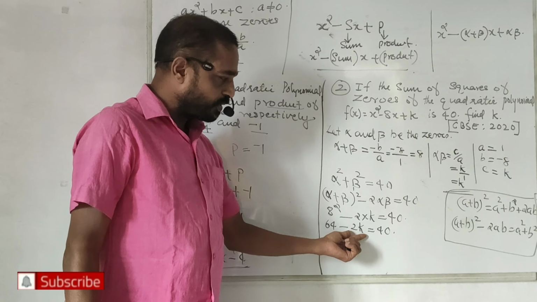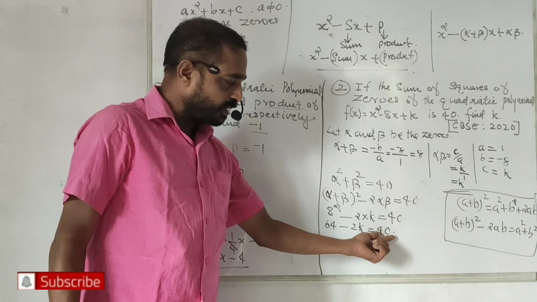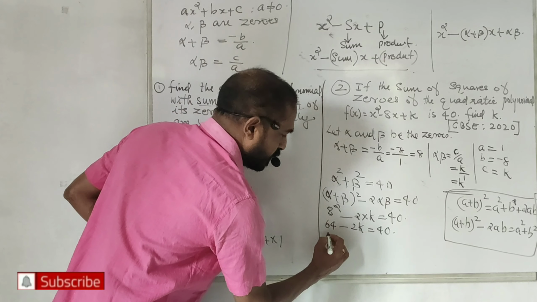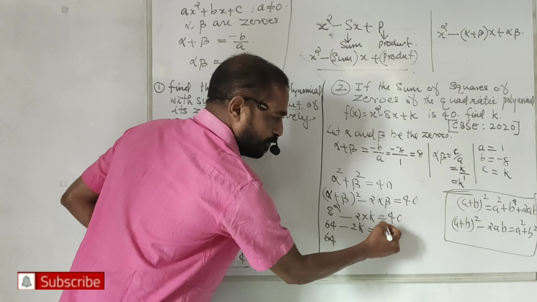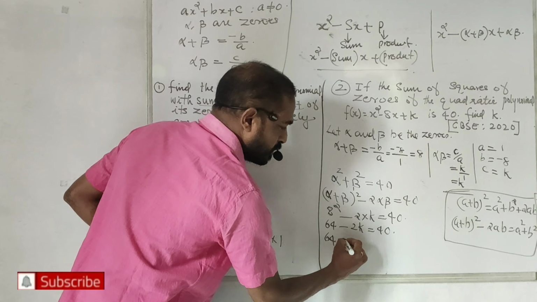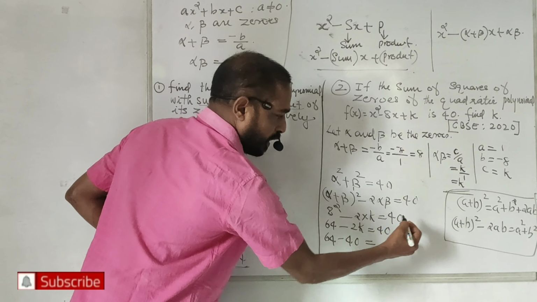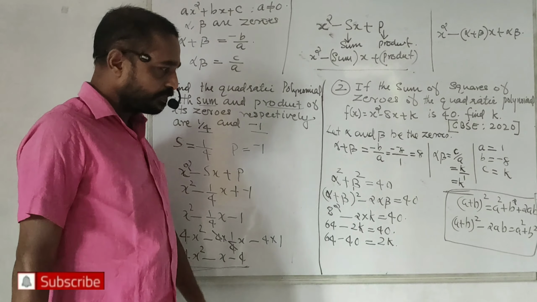Now let us transpose this minus 2k to the right hand side, and we are bringing this plus 40 to the left hand side. So 64 we are writing as it is. 64 plus 40 when brought to the left hand side becomes minus 40, is equal to this minus 2k becomes plus 2k in the right hand side.